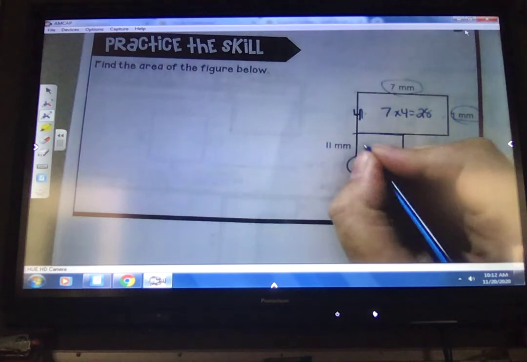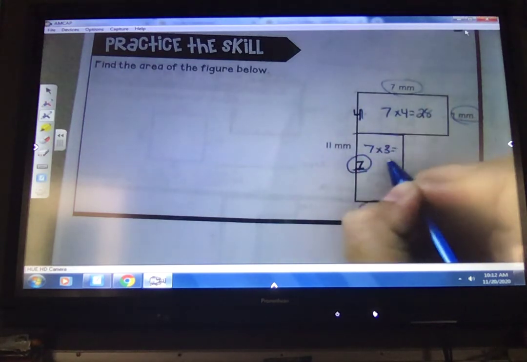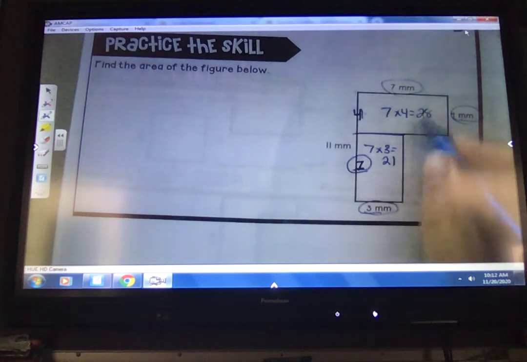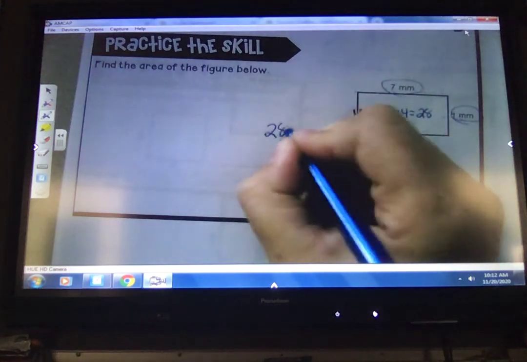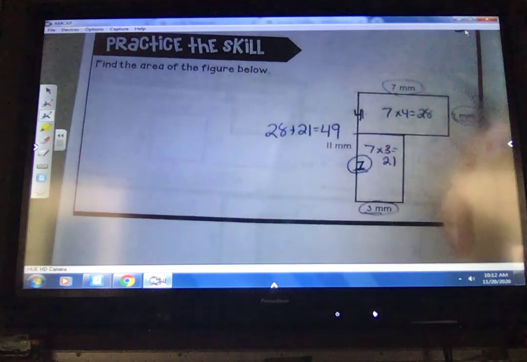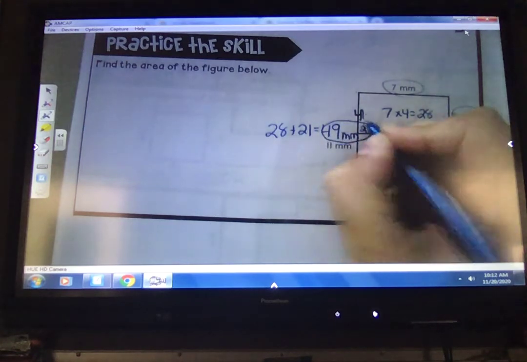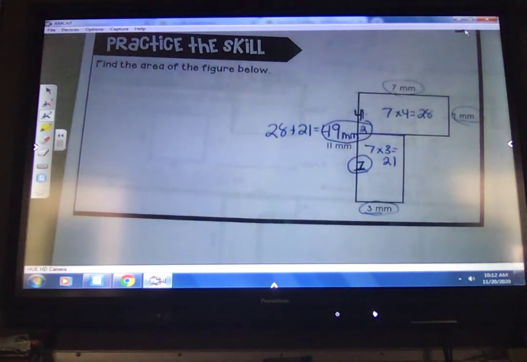So I'm going to say 7 times 3 for my bottom rectangle, which is 21. Now I cut it, so I got to put them back together. 28 plus 21 is 49. MM stands for millimeters squared. So my area is 49 millimeters squared, or squared millimeters.